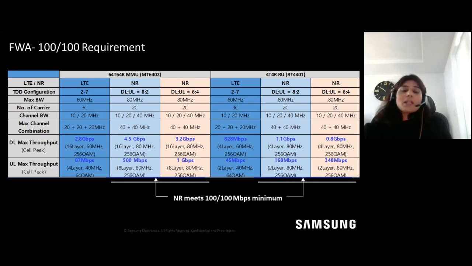So looking at the whole system capacities, while LTE FWA systems can meet 100 by 20 requirements, 5G FWA systems can certainly meet 100 by 100 requirements for BEAD deployments, and that puts these systems in the sweet spot for these deployment considerations.